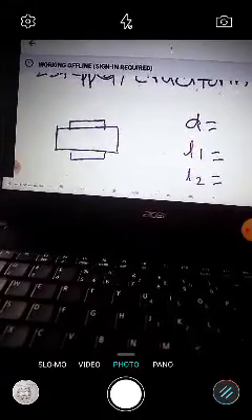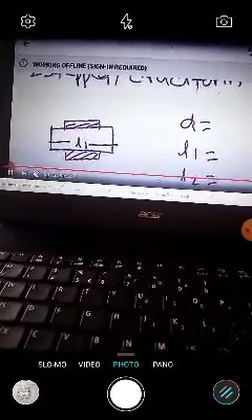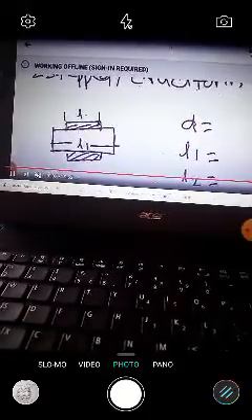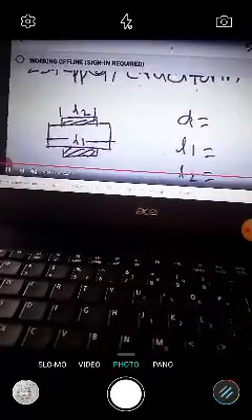For these two steps, again I am taking length 1 and length 2. But how are we going to get these two dimensions? Now here, in diameter D1, length L1 is the first one and L2 is the second length. How are we going to recognize the dimensions of it?